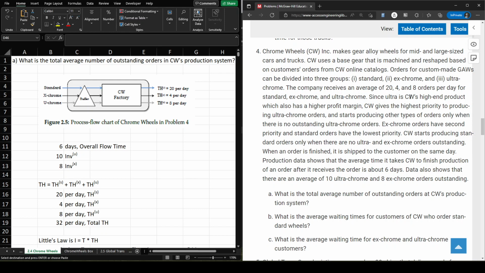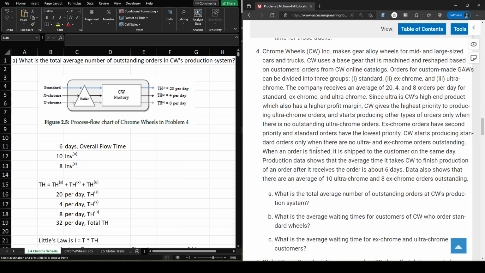Since Ultra is the company's high-end product, which also has a higher profit margin, the company gives the highest priority to producing those orders. The company produces the other types of orders only when there is no outstanding Ultra Chrome order. X Chrome has second priority and standard orders have the lowest priority.